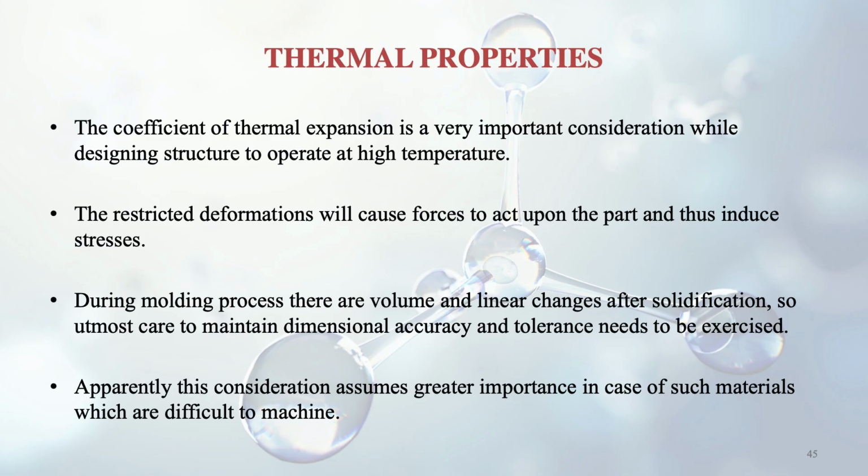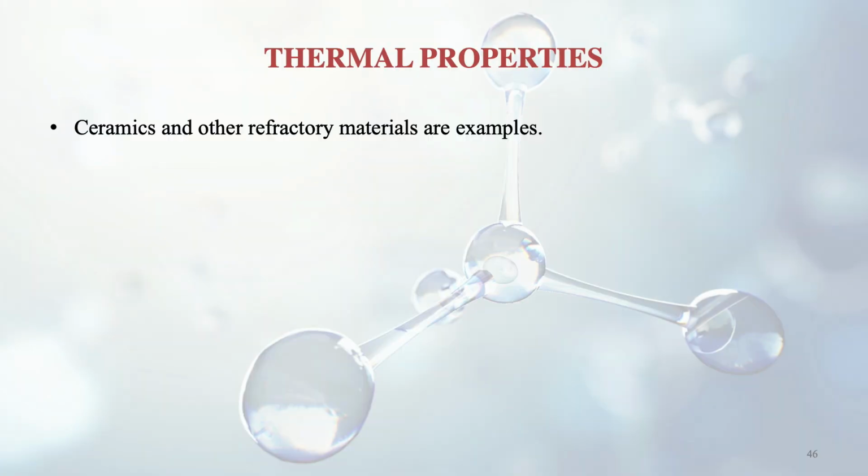This consideration assumes greater importance in case of certain materials which are difficult to machine, because if we cannot machine, then after this molding process we cannot do anything. Then we have to be more accurate. Ceramics and refractory materials are examples in this case.